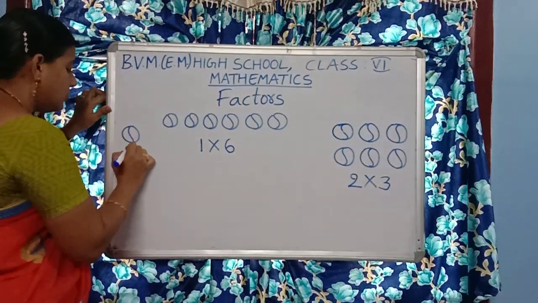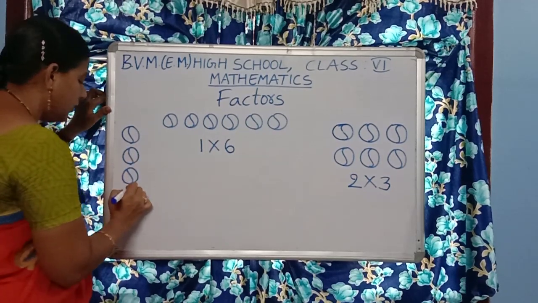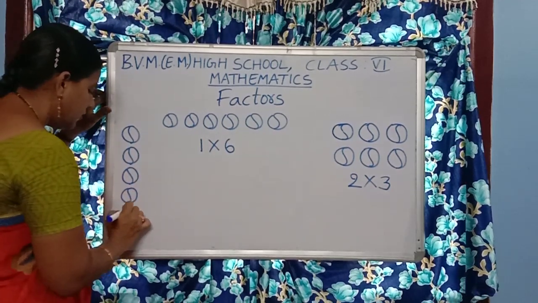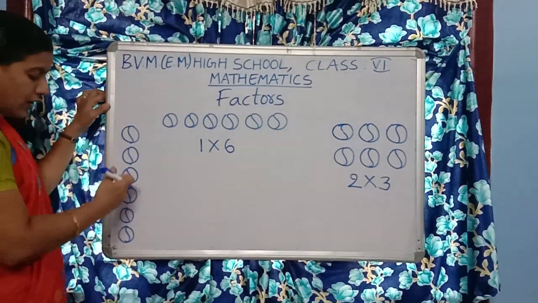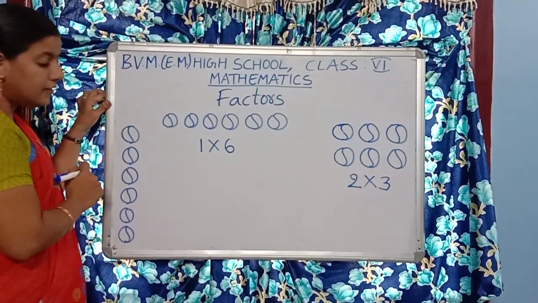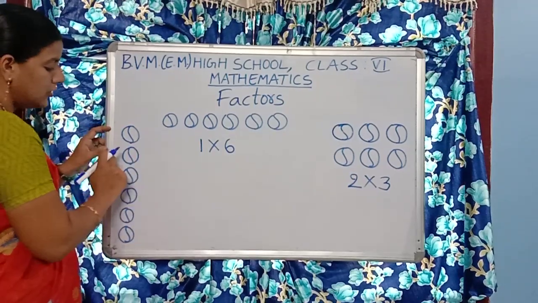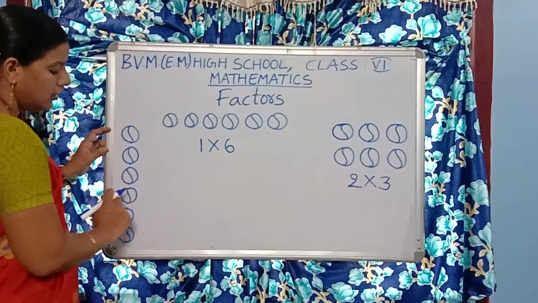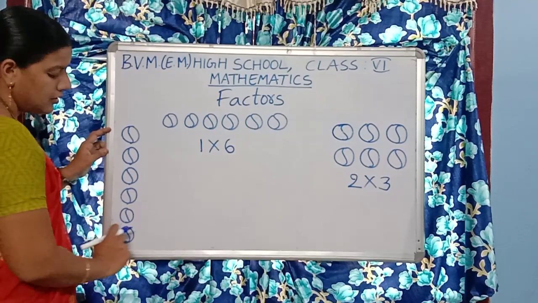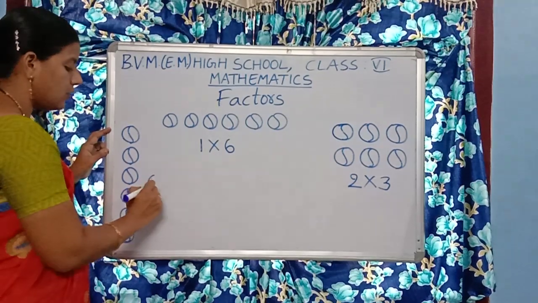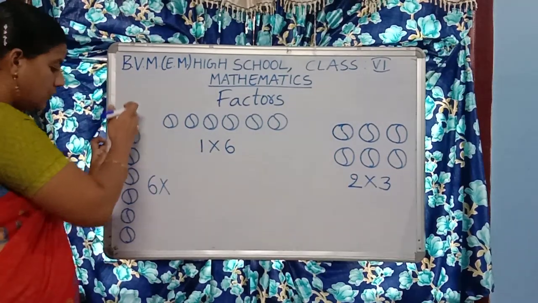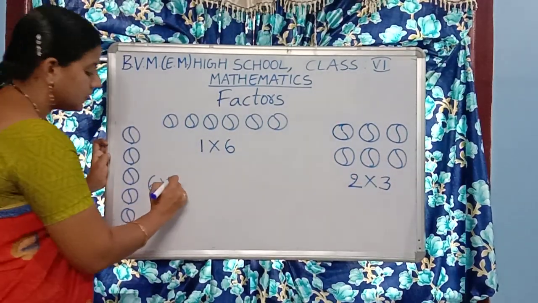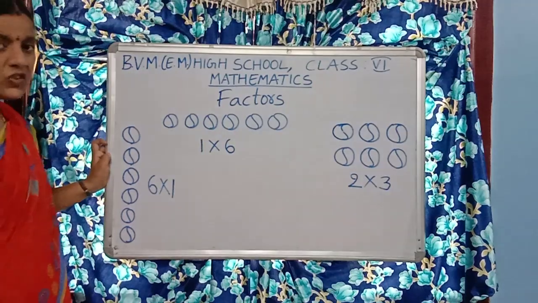1, 2, 3, 4, 5, 6. How many rows are there? 6 rows. Columns. How many columns? 1 column. Okay?